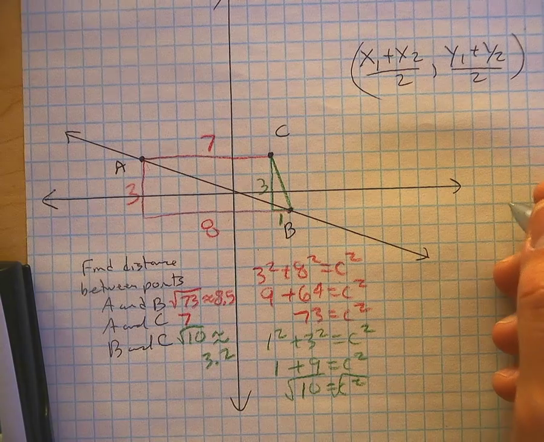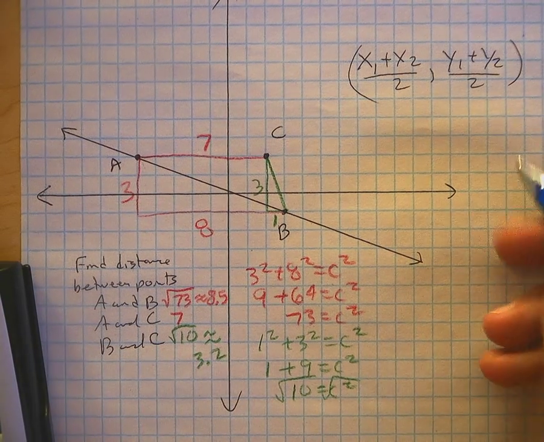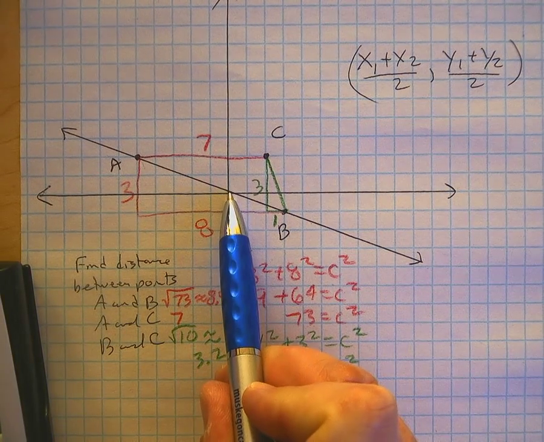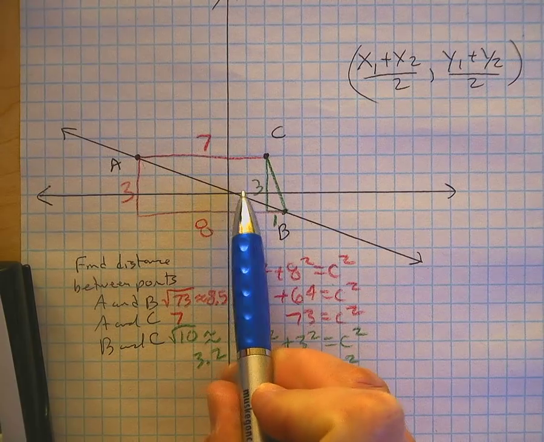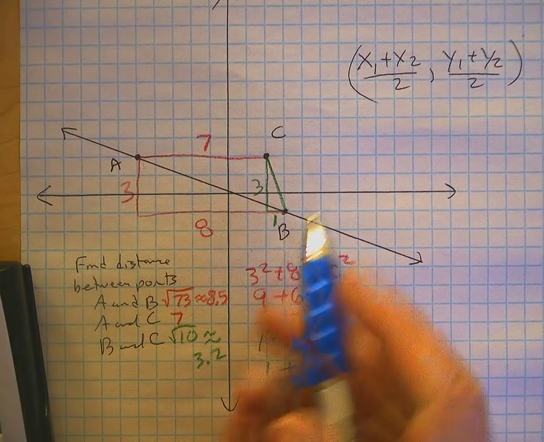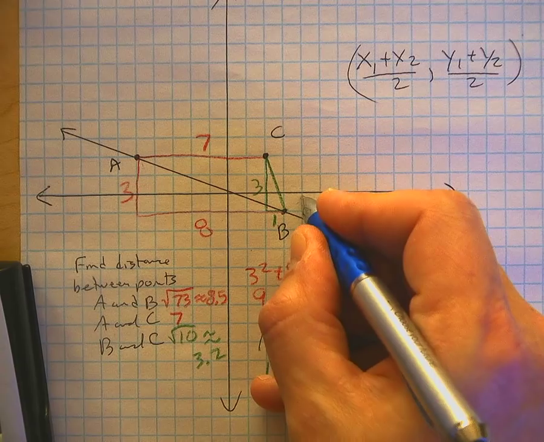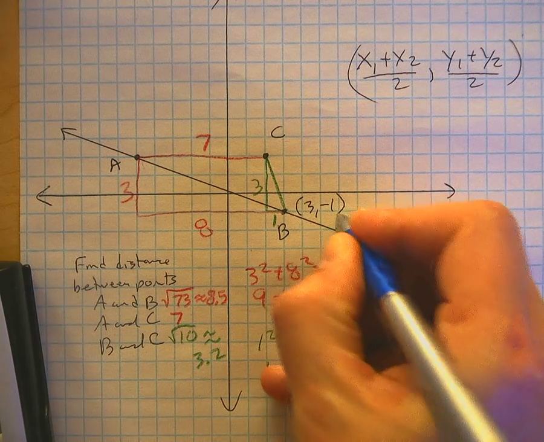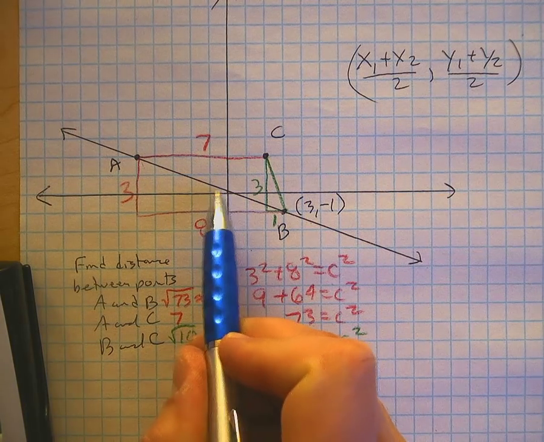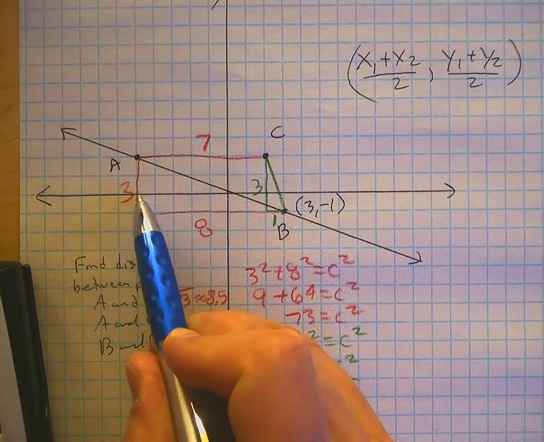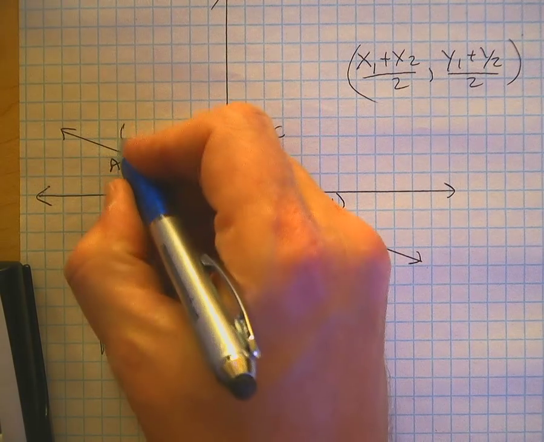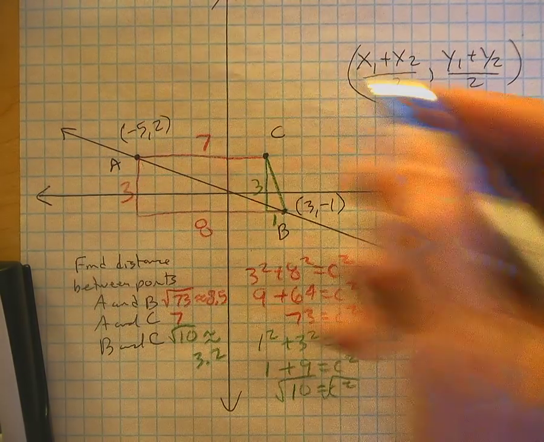I have to first of all get the coordinates of A and B. So look at the coordinates of B. I have to go over and down. I'm going over 1, 2, 3, and down 1. So the coordinates of B are 3, negative 1. For the coordinates of A, I'm going left 1, 2, 3, 4, 5, and up 2. So it's negative 5, comma 2.